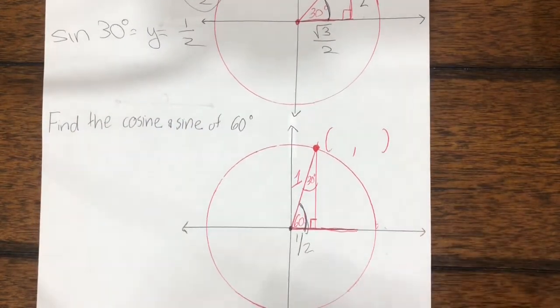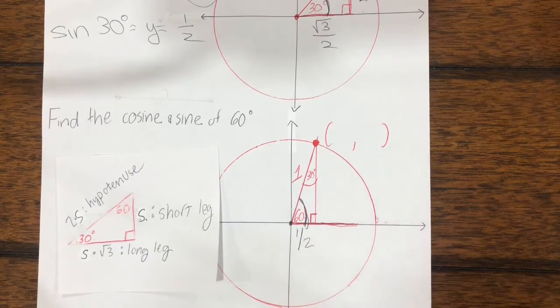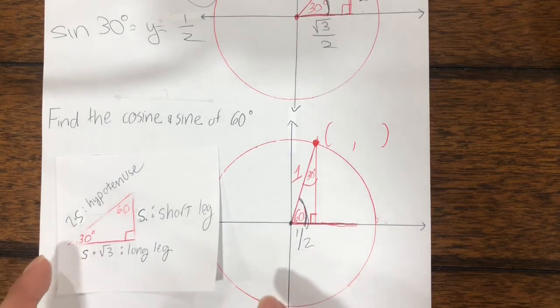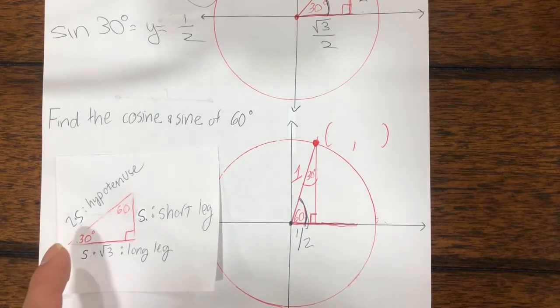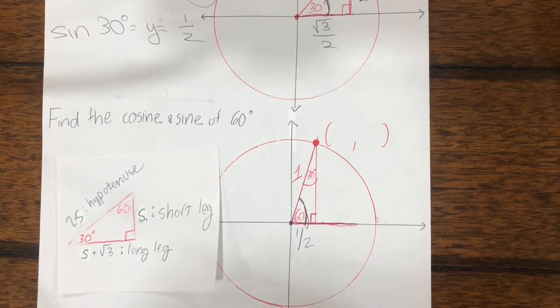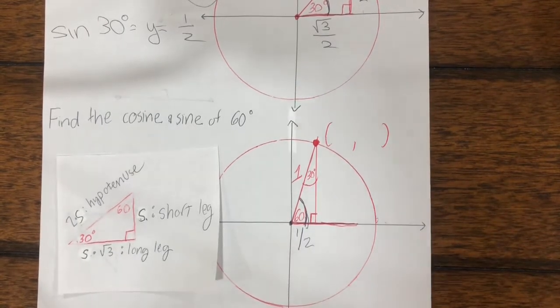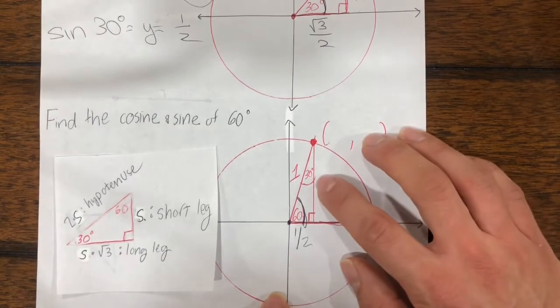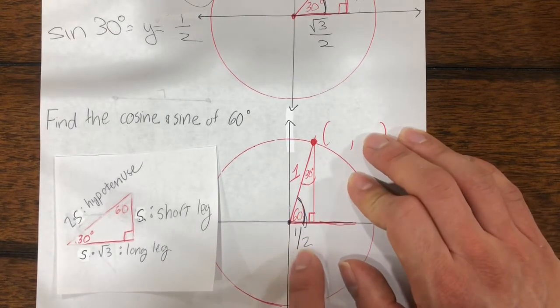Now, if you guys aren't sure how I'm getting this, it's the same exact technique of using the 30, 60, 90 degree triangle, where my hypotenuse is still 1, and to figure out the short leg, I can just take my hypotenuse, 2 times the short leg, 2s, and make it equal to 1. And 2 times a half equals 1. And that half is always opposite of 30, which in this case is up here. So we have this side, which is opposite of 30, is going to be half.